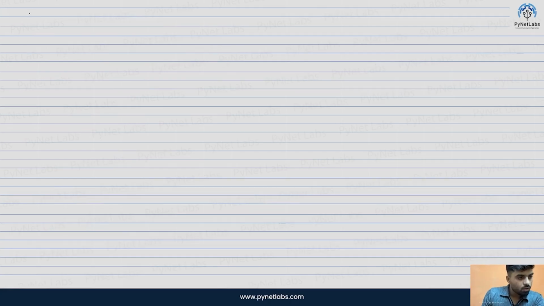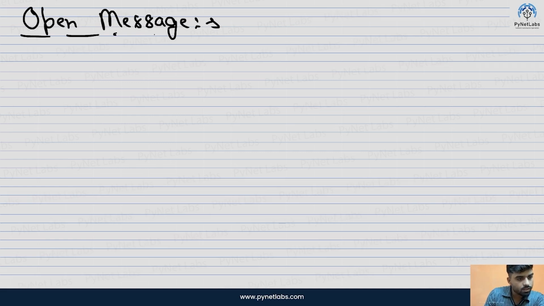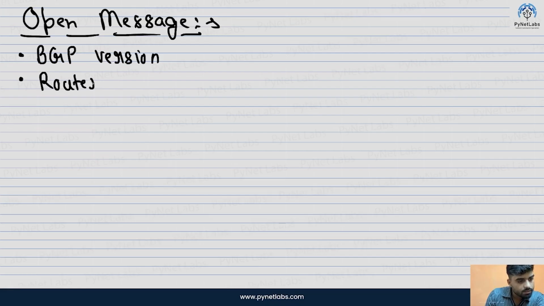So the open message looks something like this. Basically, the open message contains some information. And what is that information? First of all, it contains the information about the BGP version number. After that, it contains the router ID. Then it contains the info about the autonomous system number.